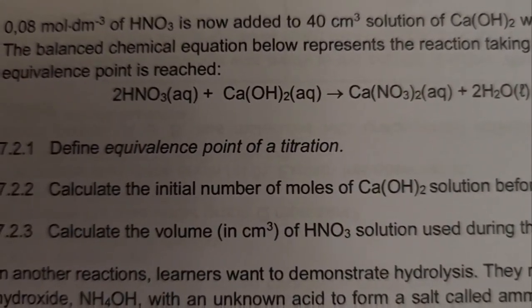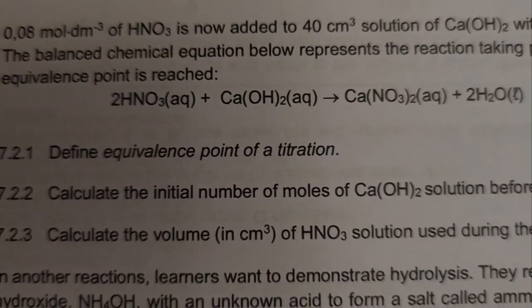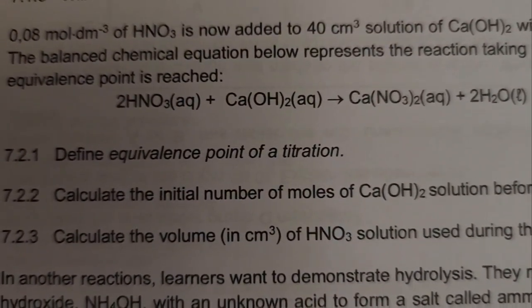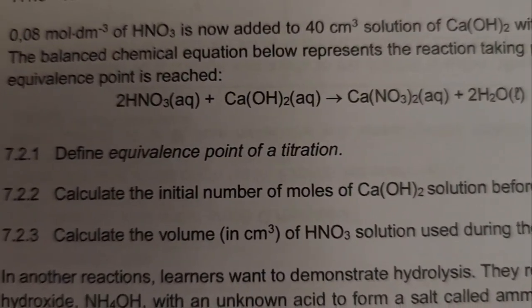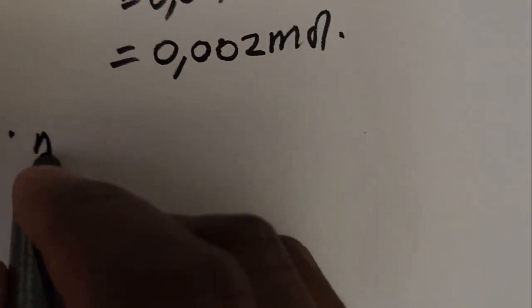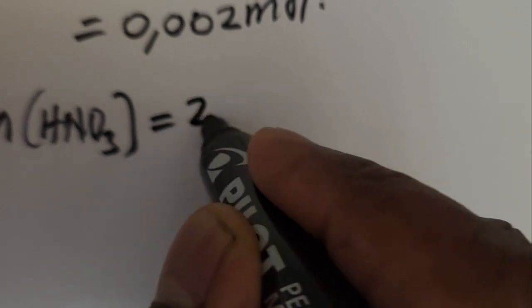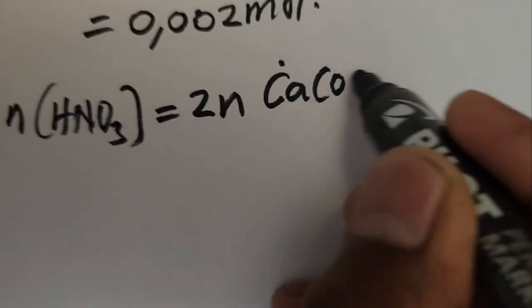Calcium hydroxide and nitric acid are in the ratio 2:1. Therefore 2 moles of nitric acid react with 1 mole of calcium hydroxide, but I don't have 1 mole, I've got 0.02. So then you can just say to the examiner, the number of mole of HNO3 equals 2 times the number of mole of calcium hydroxide.